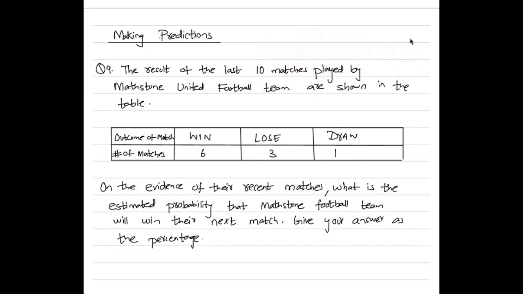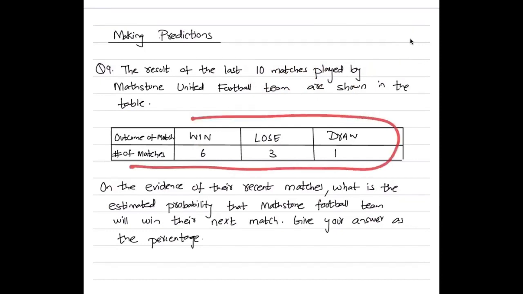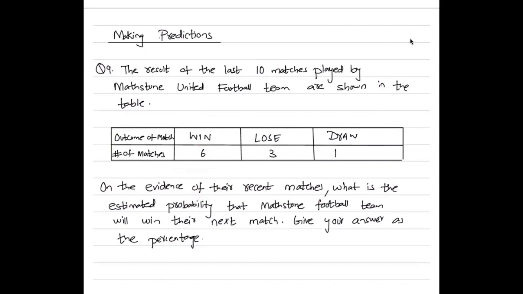Okay. So over here, we have this data of this football team. If I want to figure out the probability that the team will be winning their next match, although the match has not been played yet, I'm using the data to predict the probability that they will win the next match.